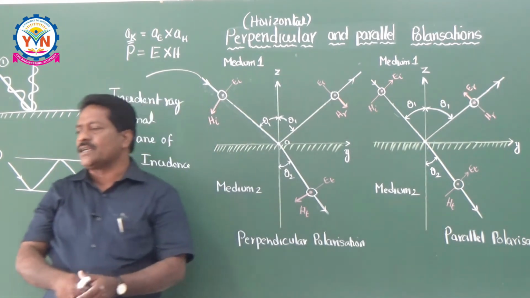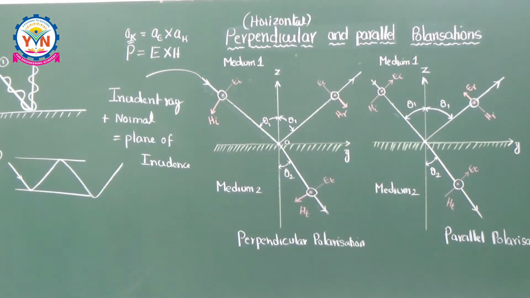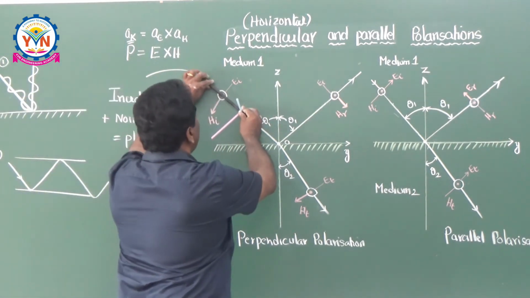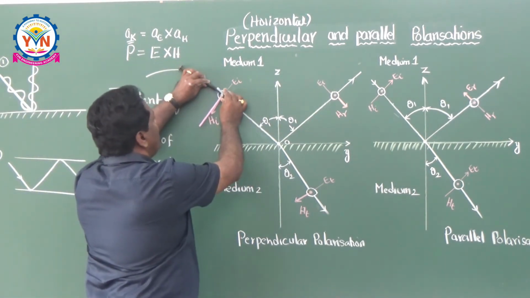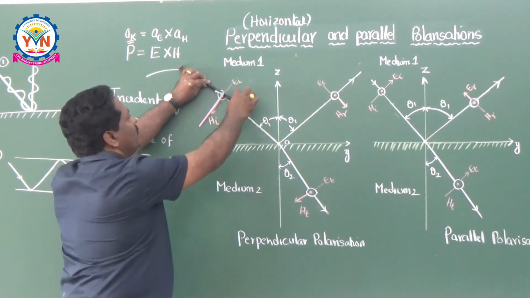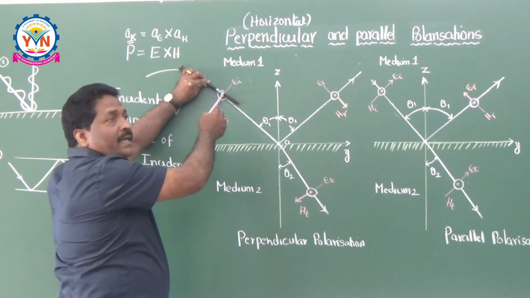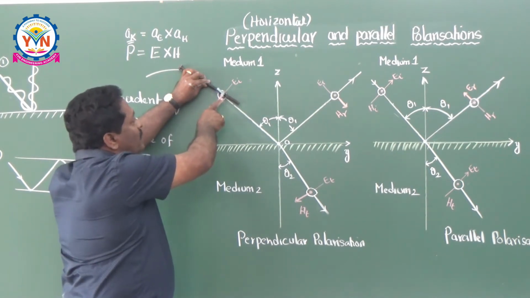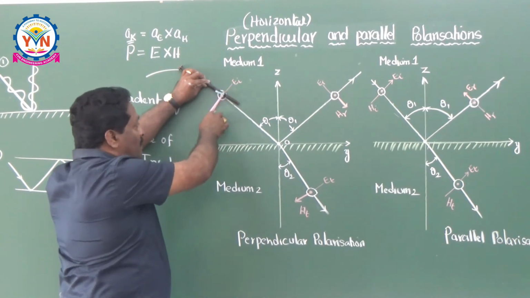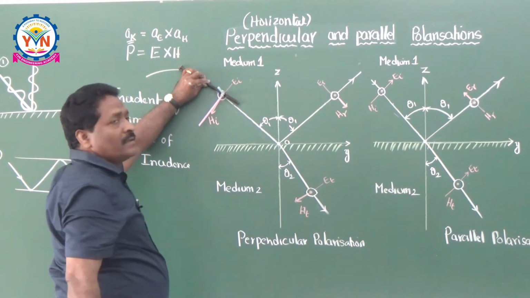So I can demonstrate this with a practical example like this. Now let me say this is the wave here like this. So this is the electric field vector. Electric field is at an angle of 90 degrees to this plane of incidence, means it is perpendicular to the plane of incidence, and this is called HI. You can remember this.